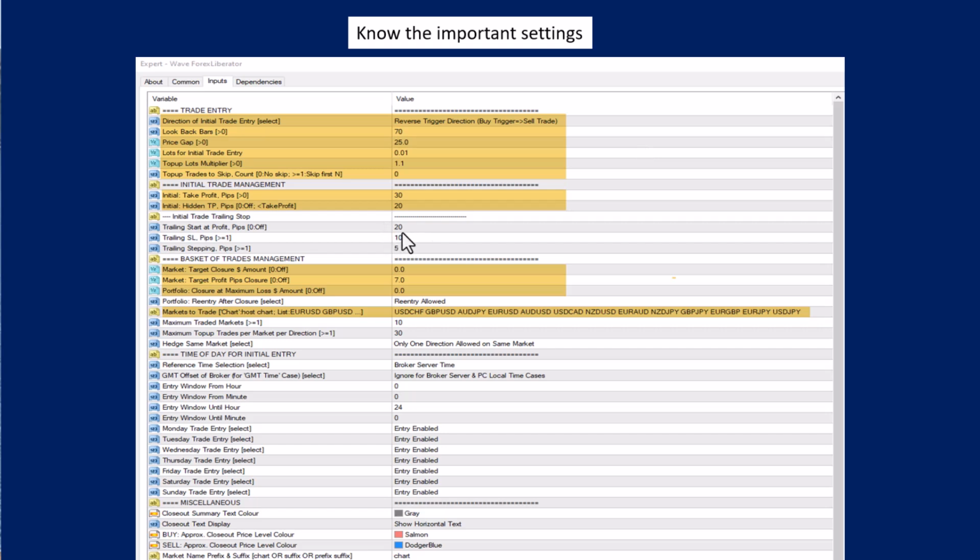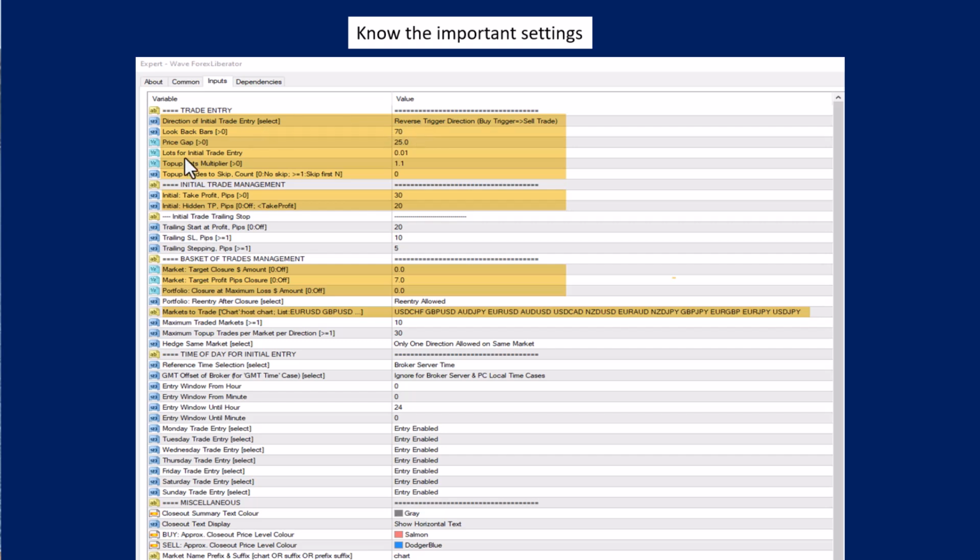What you need to know is that these settings do not have to be perfect to produce really good results. So I'm just going to go through the kind of settings that we're going to look for when we analyze this account. So the direction of trade is important. You can either reverse the direction of trade or you can trade in the same direction.